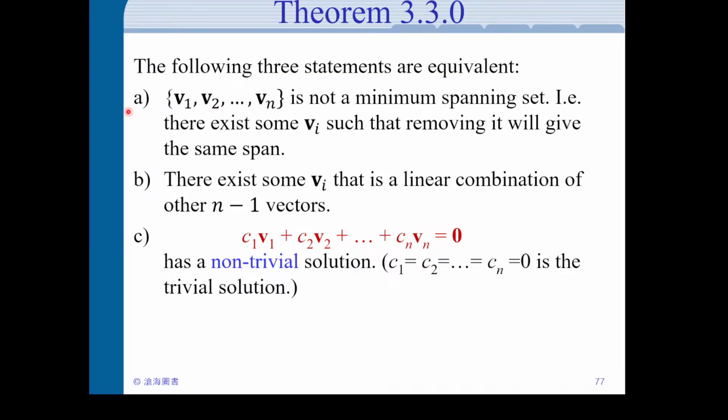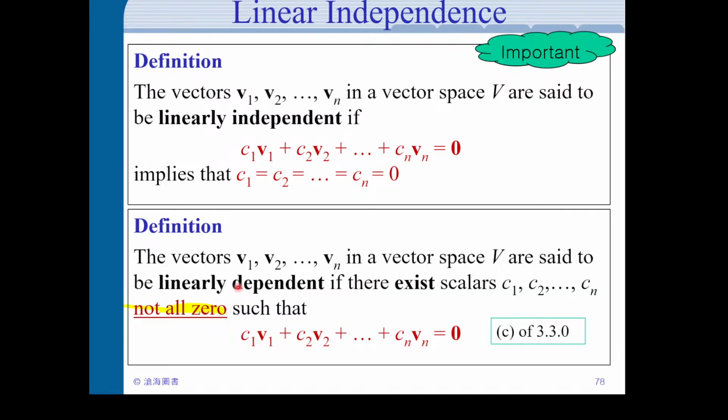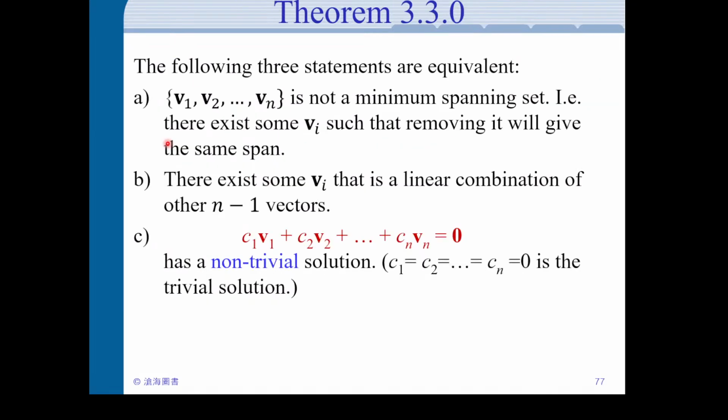So if we take a negation of A and a negation of C together, then negation of C says that V1 to Vn are linearly independent, and the negation of A says that V1 to Vn is a minimal spanning set.